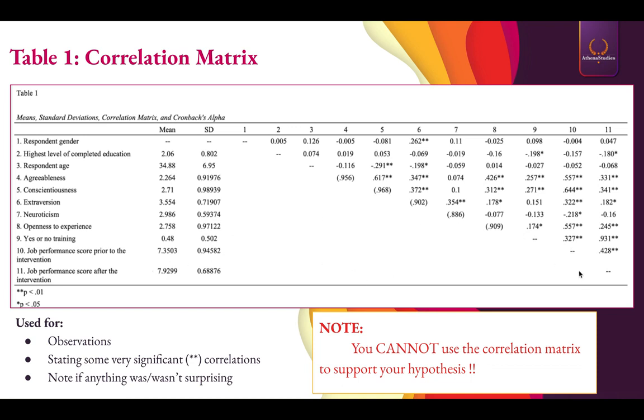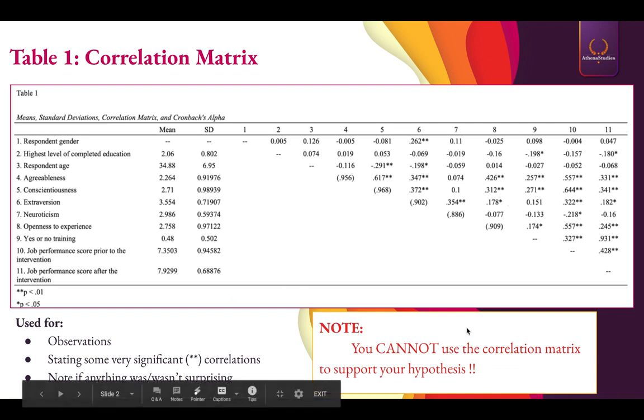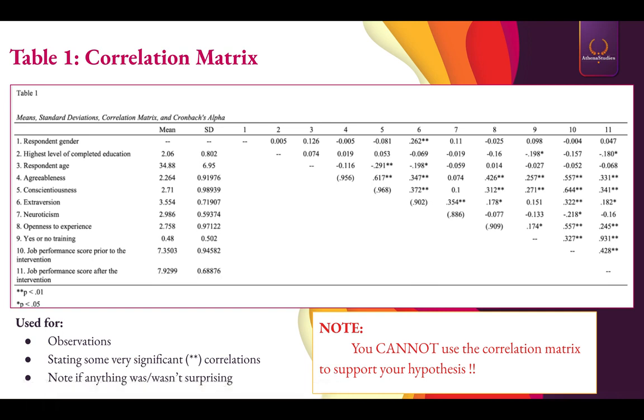So you can maybe talk about some of those observations. You can even say, oh, well, neuroticism had maybe some negative correlations. You can look at gender, just anything that you would like to talk about in an observation, but you cannot use the correlation matrix to support your hypotheses.